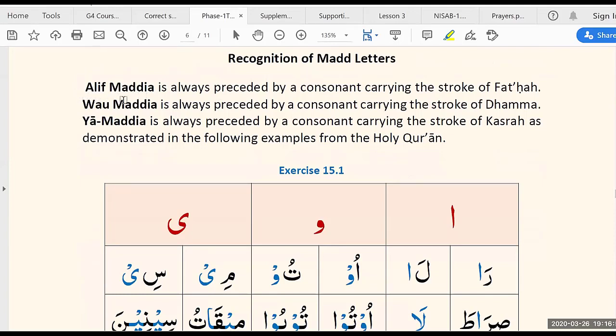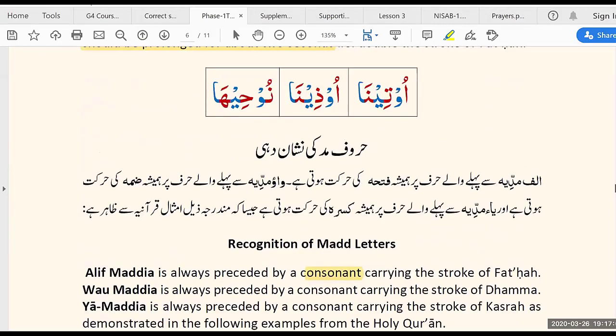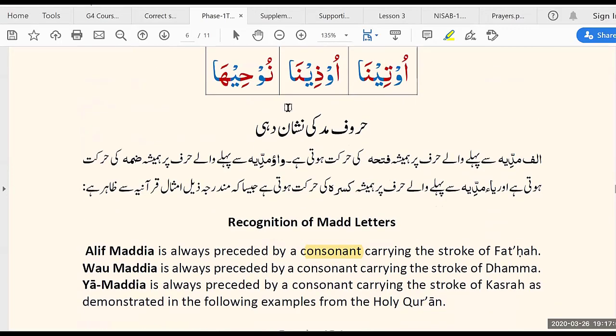An alif of elongation is always preceded by a consonant carrying the stroke of fatha. A consonant just means a letter. As we can see in these examples, here we have an alif of elongation because the previous letter, ha, is carrying a fatha stroke.